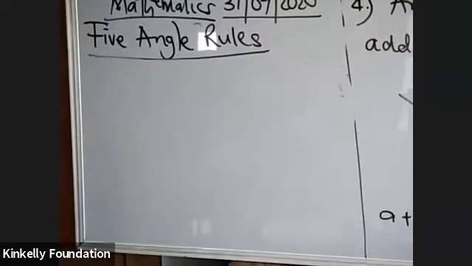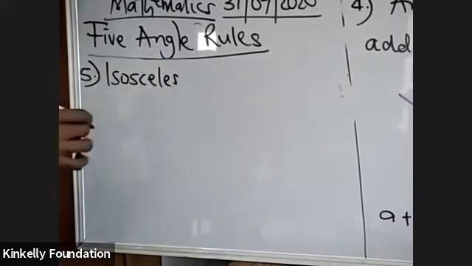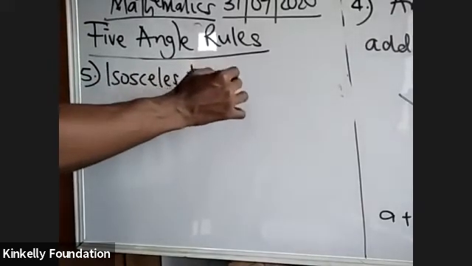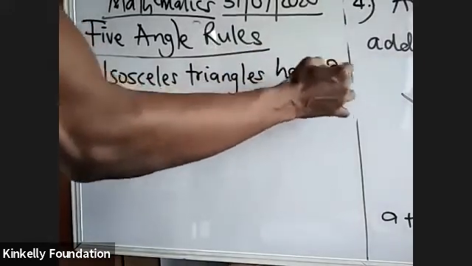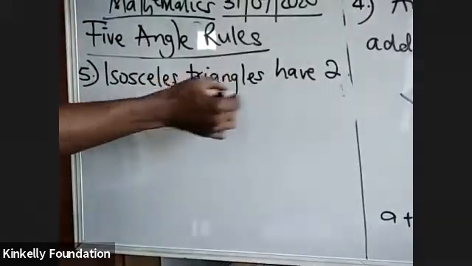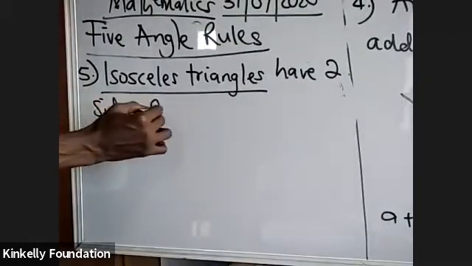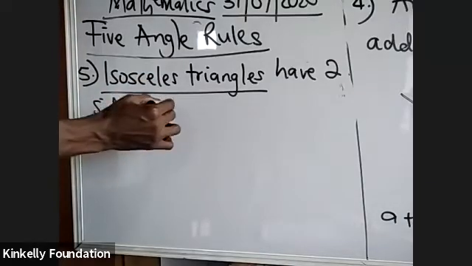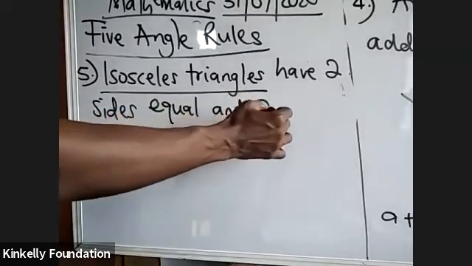The fifth angle rule talks about isosceles triangles. Number 5, we have that isosceles triangles have two sides the same and then two angles.